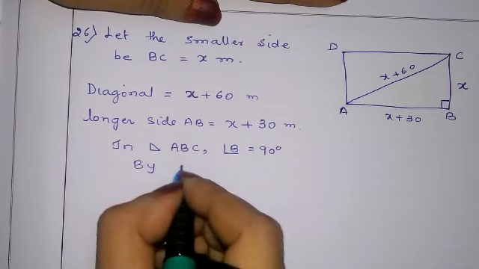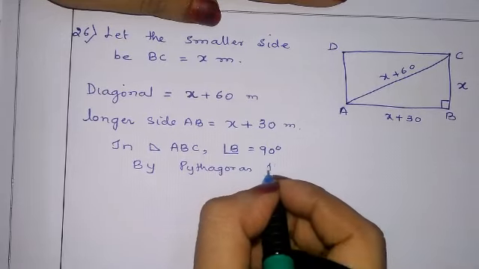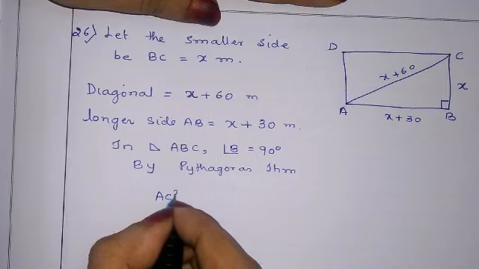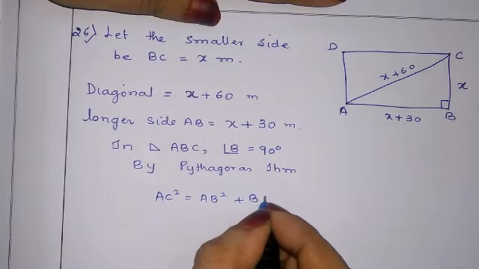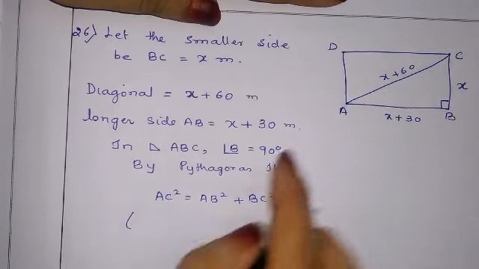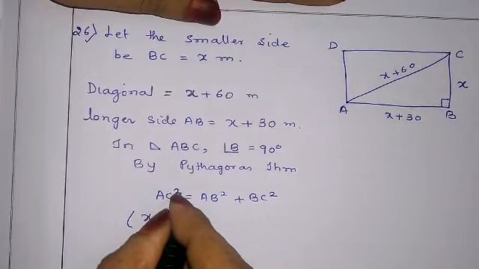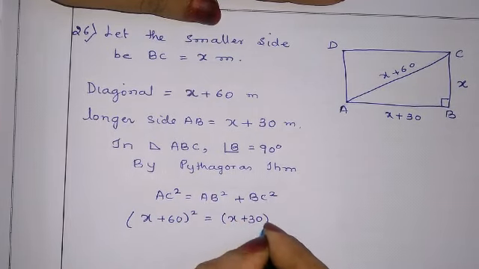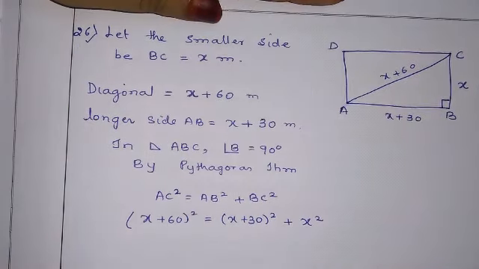By Pythagoras theorem, AC square is equal to AB square plus BC square. Okay, AC is (x plus 60) whole square is equal to AB is (x plus 30) whole square and BC is x square.